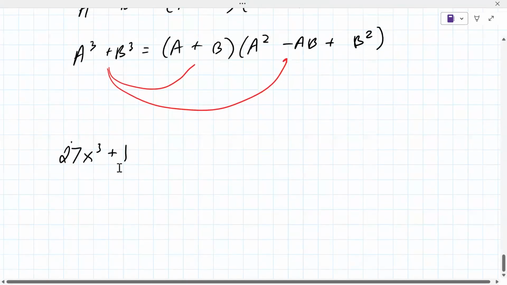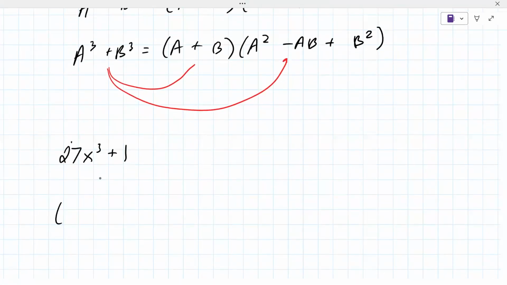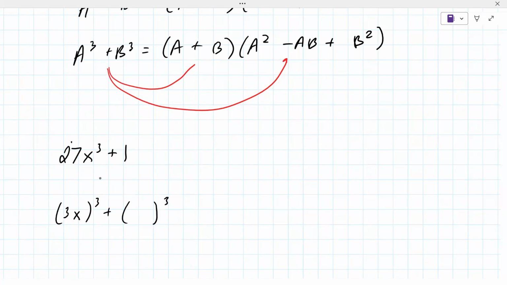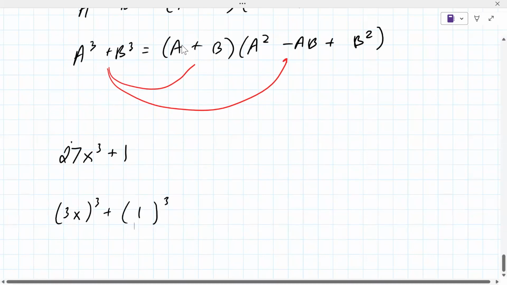Okay, so this is now sum of cubes. You still have to figure out what cubed plus what cubed. Can you tell me what goes in parentheses, please? 3x and then 1. Yep. All right. So use this formula here and see if you can come up with the sum of cubes.